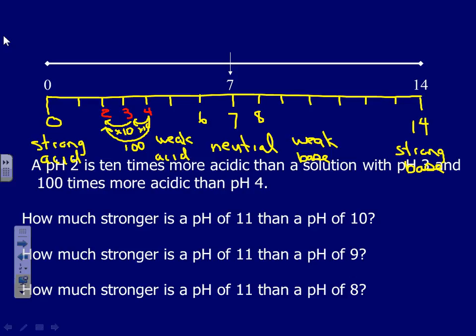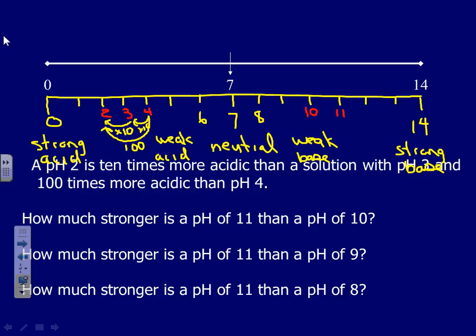Now, here we're looking at a pH of 11. And I don't like the way this is worded, because this is 8, 9, 10, 11, and we're going to 10.